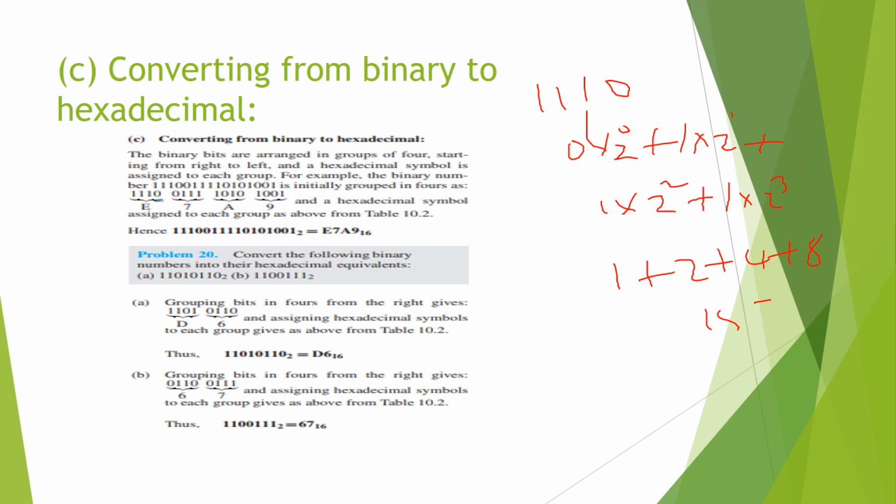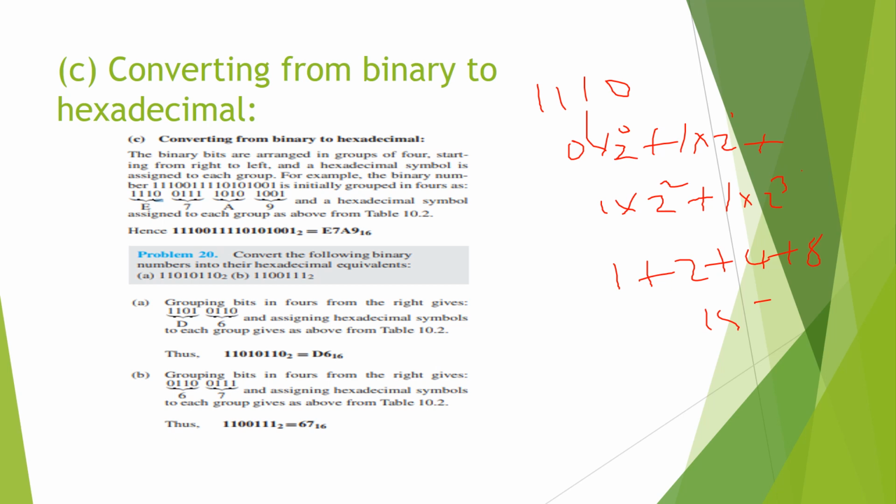Sorry, is it 14 or 15? It is supposed to be E, the hexadecimal of this. So if you group them in 4s and convert them to the decimal equivalent, the way you have converted, you get this. So we can also convert by grouping.